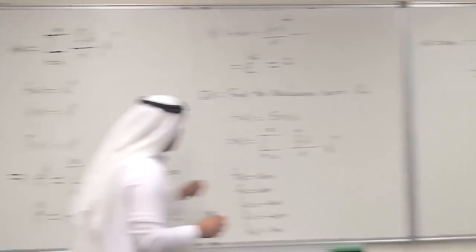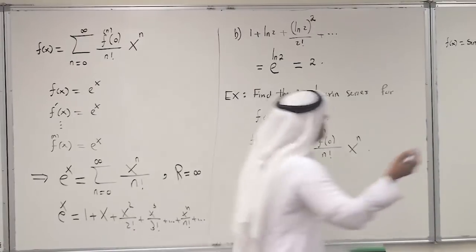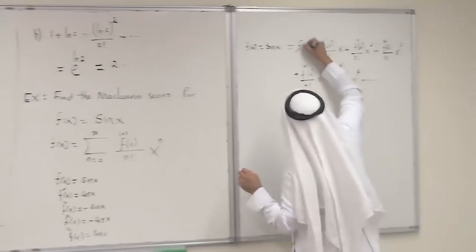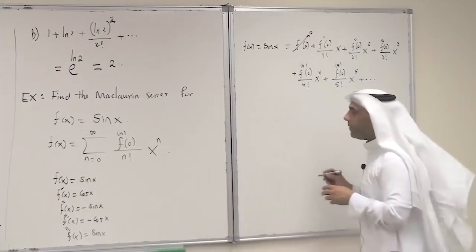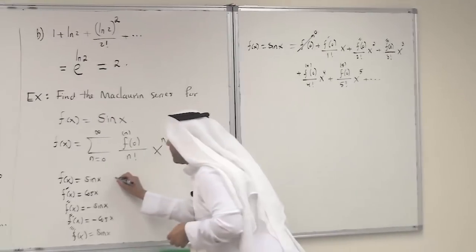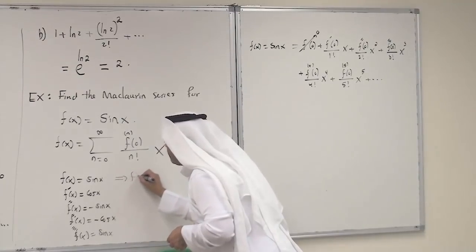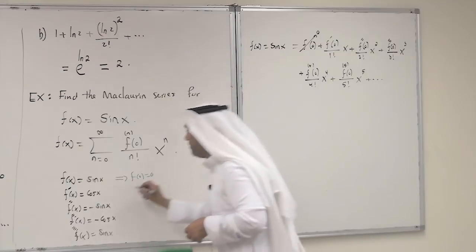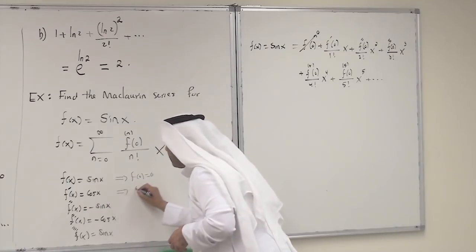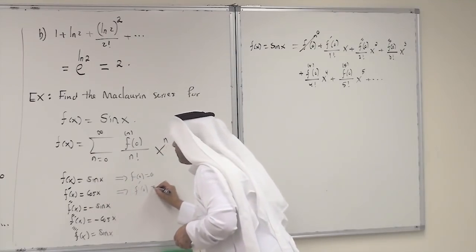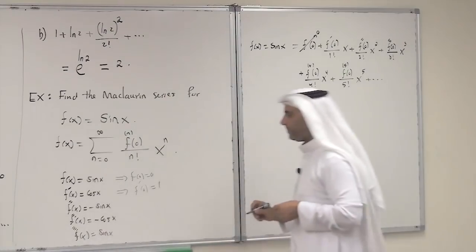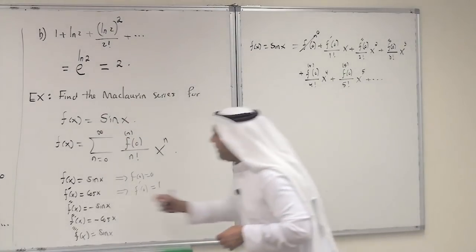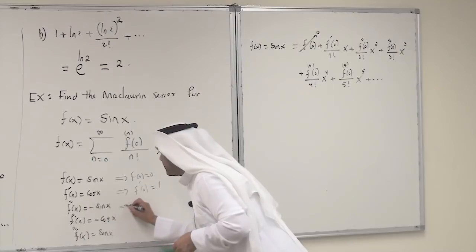If we substitute at 0, f of 0 will be what? It will be 0. So we have no constant term. The constant term will disappear. This implies f prime at 0 is equal to 1. Okay? f double prime of 0 again is equal to 0.